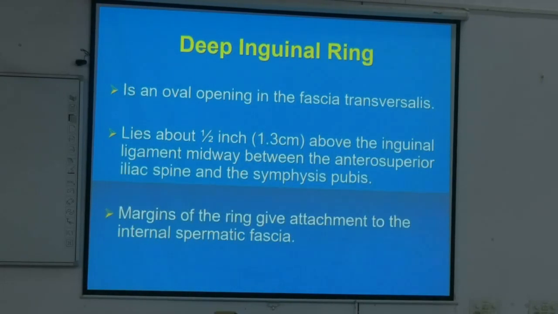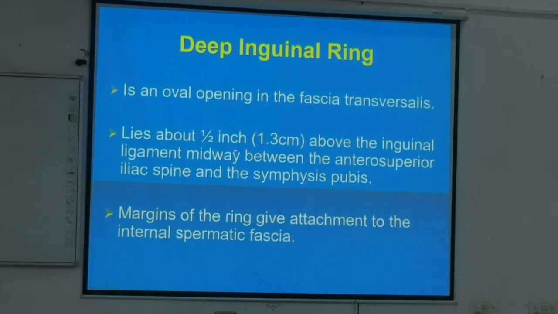Okay. Next. Now we will discuss the two rings. These two rings also can be given in your OSPE and also in short note. Superficial inguinal ring and deep inguinal ring. What is the boundary? What is the structure passing through these rings are important. Okay. So, deep inguinal ring, it is an oval opening in the fascia transversalis, very important for viva MCQ, and lies about half inch or 1.3 centimeter above the inguinal ligament.